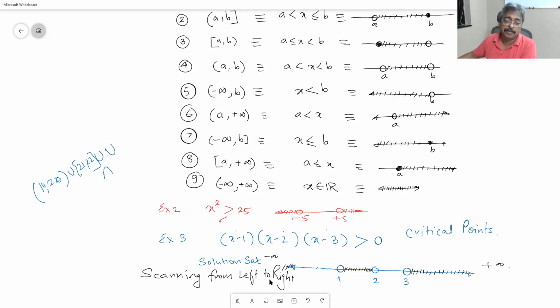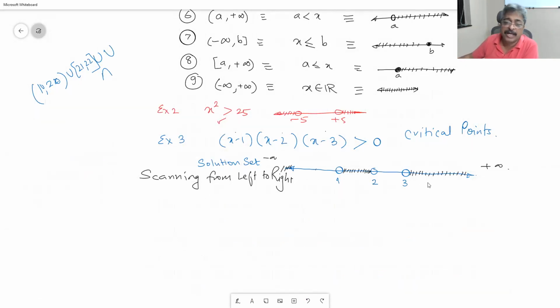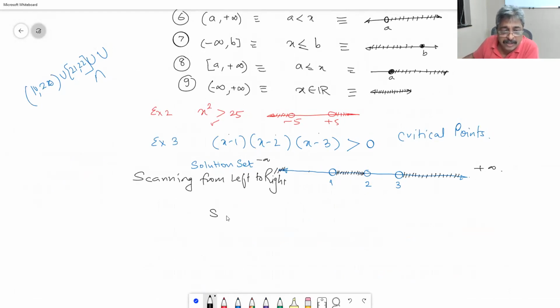So my third type of solution is ready with me. That is the solution set. If I want to write it in the first form, I will write the solution set as the open interval (1, 2) union the open interval (3, +∞). Towards infinity, plus infinity or minus infinity, you cannot write a closed bracket; this is totally wrong.